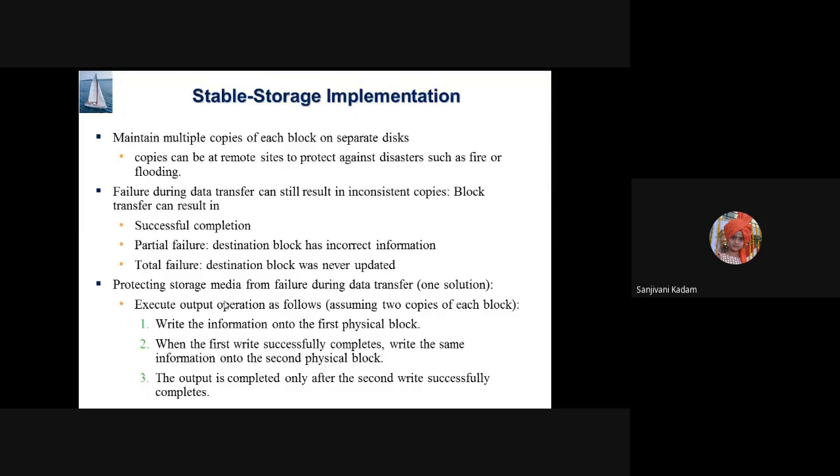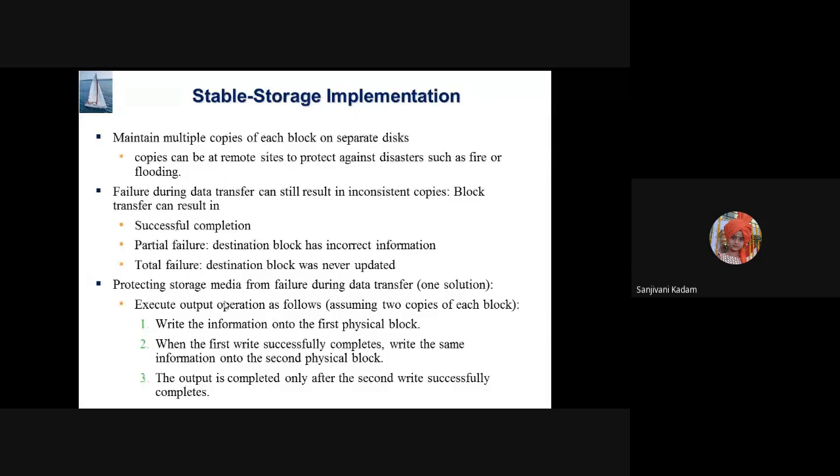So how are we implementing stable storage? Maintain multiple copies of each block on separate disks. The same data will be repeated on multiple disks. Copies can be at remote sites to protect against disasters such as fire or flooding. If we keep all the copies in the same geographical location, that location may get affected by natural disasters like flood, or human-made disasters like fire or any other problem.